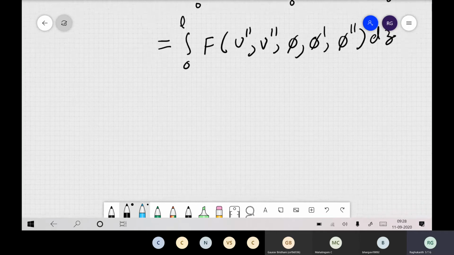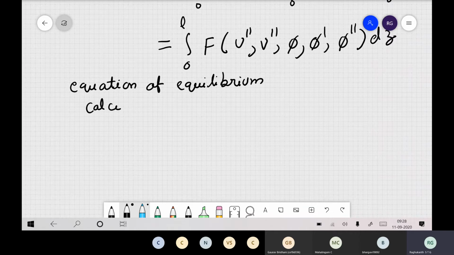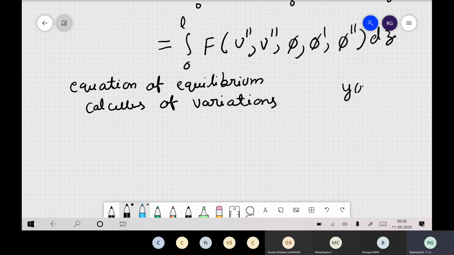Now to derive our equation of equilibrium, we use the calculus of variations. You remember last class, or previous class, in calculus of variations we said y of x is equal to some y of x plus epsilon into eta of x, we write like this.